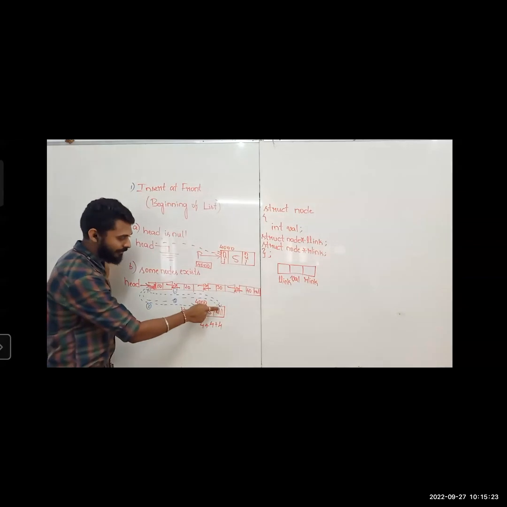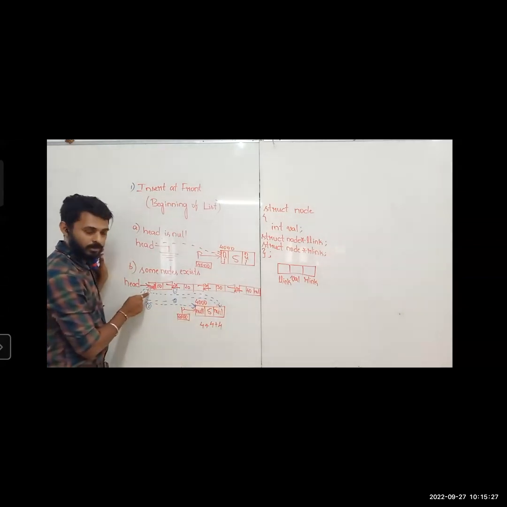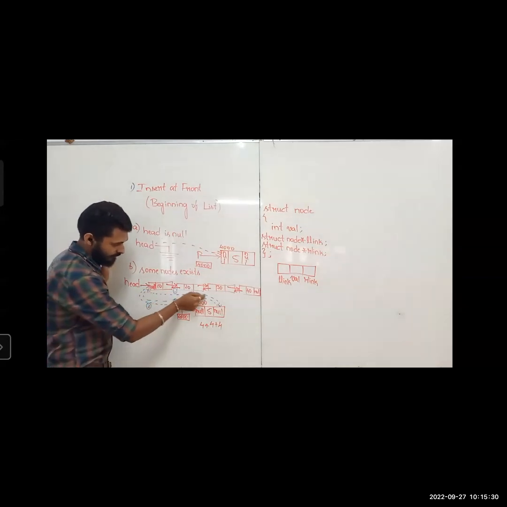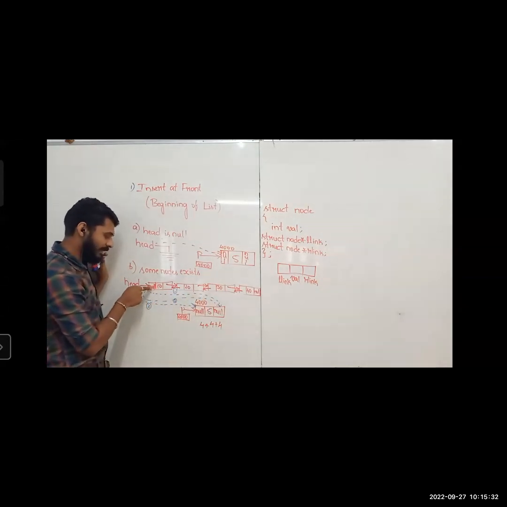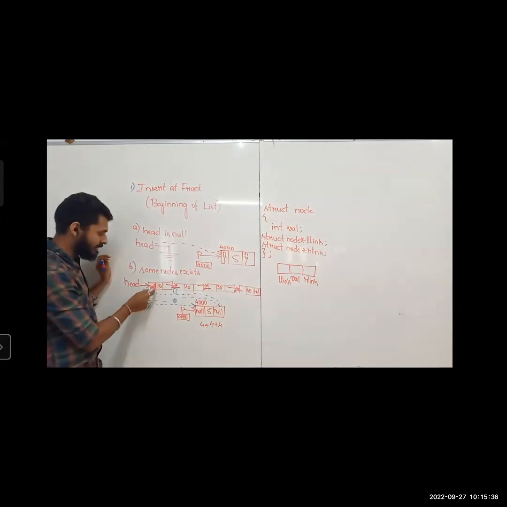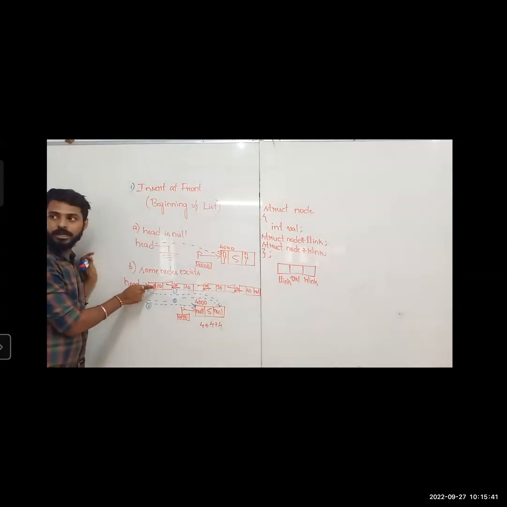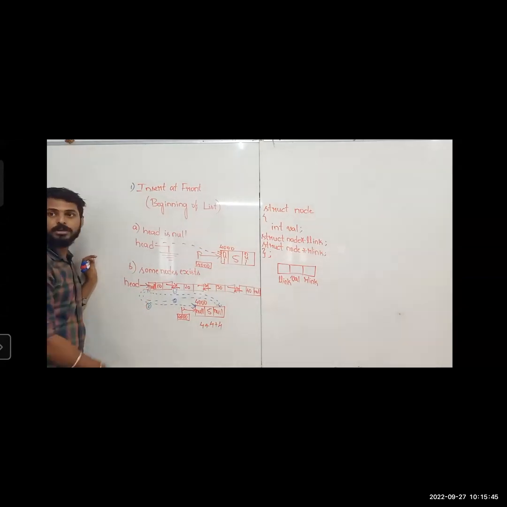This connection from here should go to, or first I'll do this connection. Means this left link should point to here. What is this location? Wherever head is pointing, it's left link. Where should it point to?